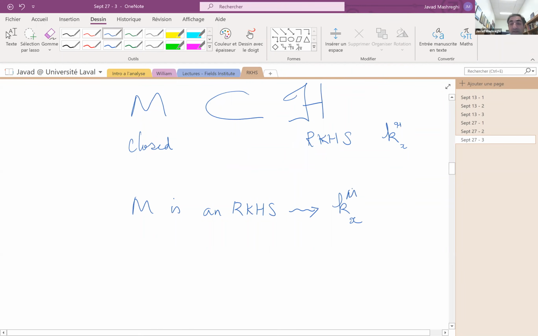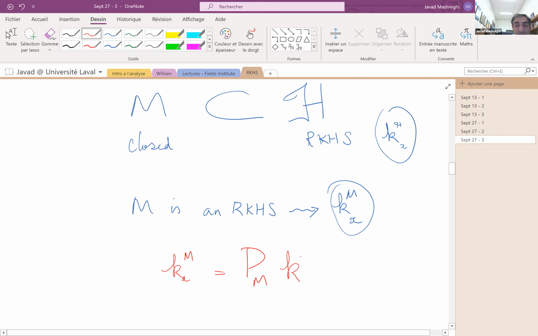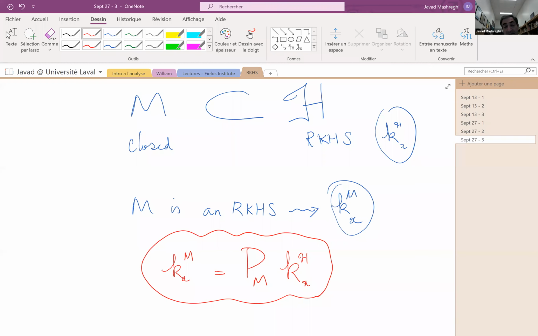And we explored the relation between this kernel and this kernel, the orthogonal projection of H onto M. The theorem said that K_M, the kernel for M, is the projection of the kernel for H. And even in the Sobolev case, I invited you to verify this, even though we obtained it explicitly.